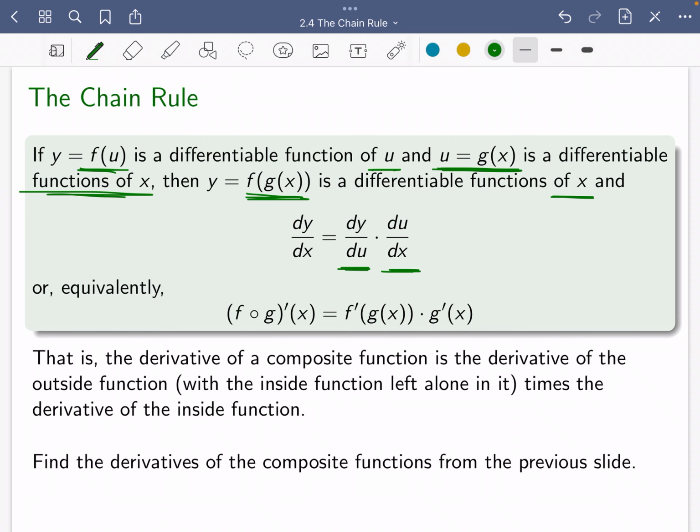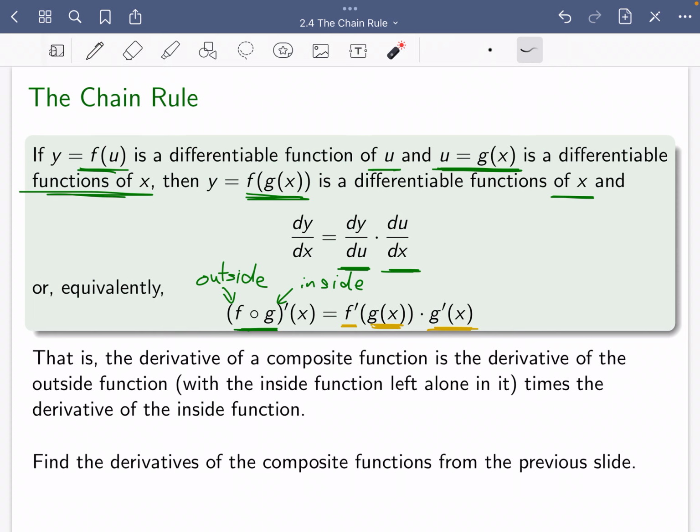Another way to think about that, an equivalent way, is if we're taking the derivative of this composite function where f is the outside function and g is the inside function, then we are going to take the derivative of the outside function but leave the inside function the same, and then we are going to multiply all of that by the derivative of the inside function.